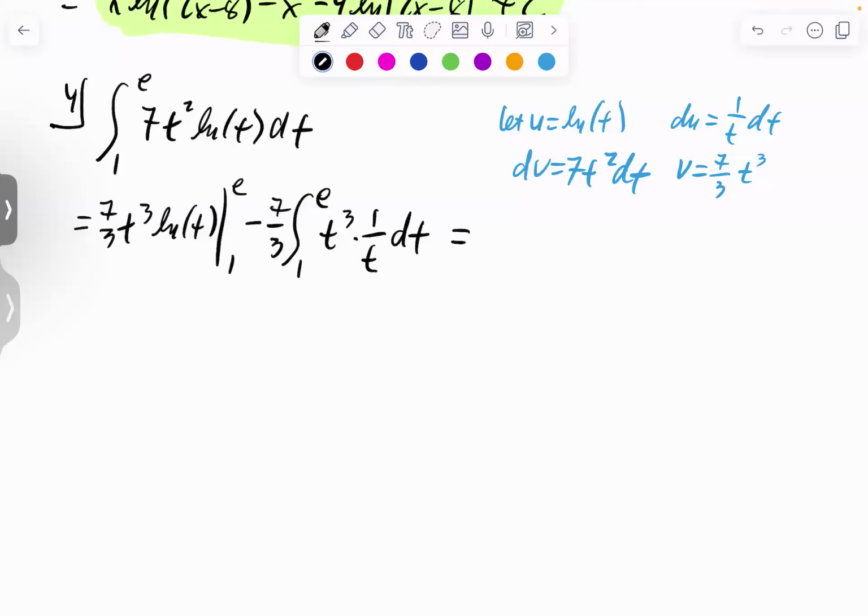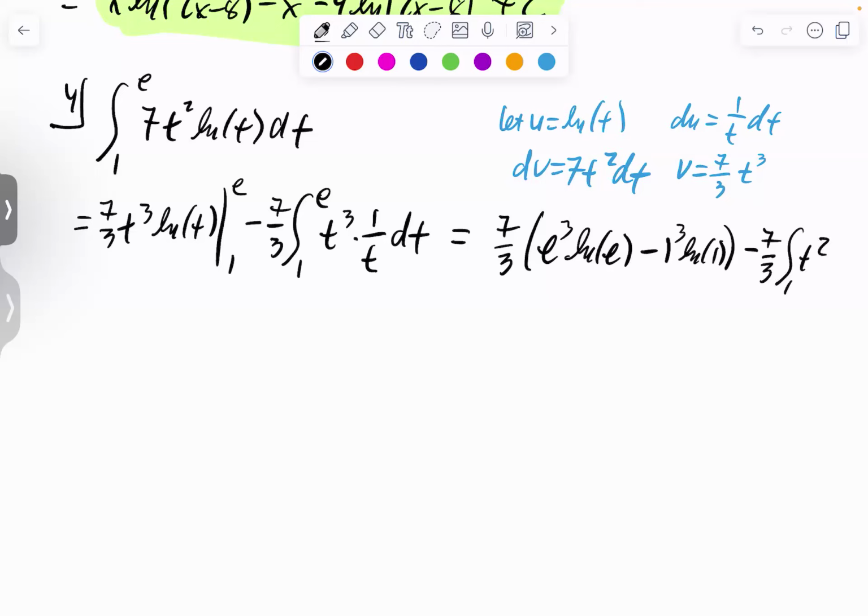But I need to keep going here. This becomes 7/3, and this becomes e to the third ln of e minus 1 to the third ln of 1, minus, this becomes 7/3 integral of just t squared dt.